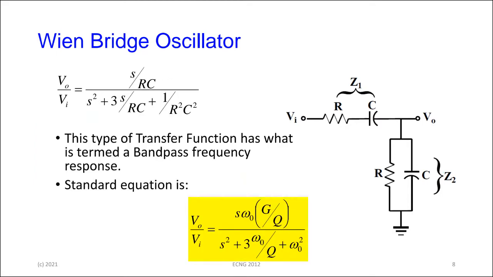Now, this type of transfer function has what is known as a band pass response. In other words, if I were to draw a graph of amplitude against frequency, this is the amplitude of the response and this is frequency.